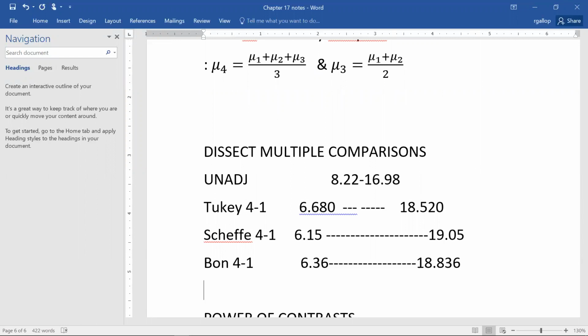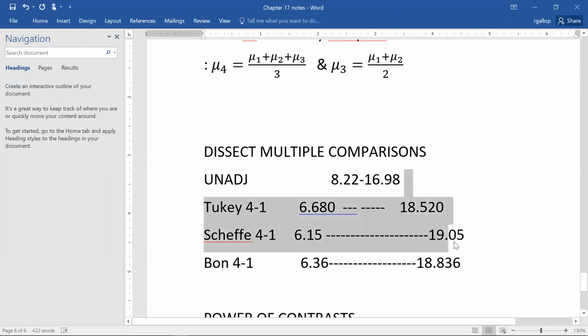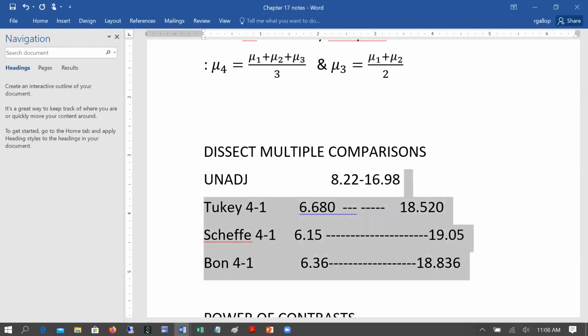but that's making no adjustments for multiple comparisons. In this example, the Tukey gives us the most narrow confidence interval. The Scheffé gives us the widest. The Bonferroni is in the middle of the two, if we want to say numerically. Unadjusted would always give us the most narrow confidence interval. It's making no adjustment for multiple comparisons. These are making adjustments for multiple comparisons.